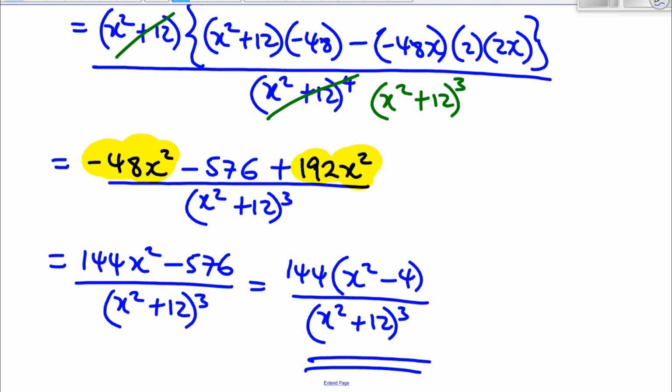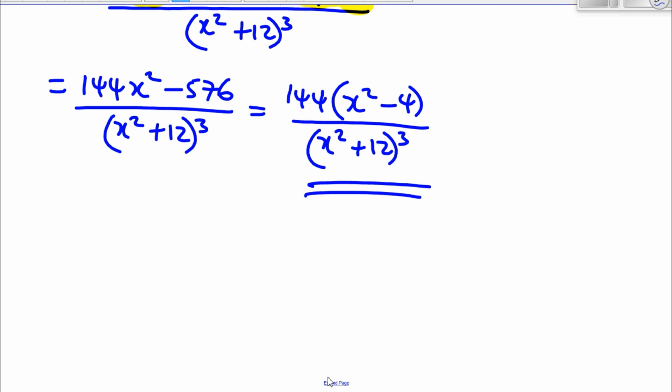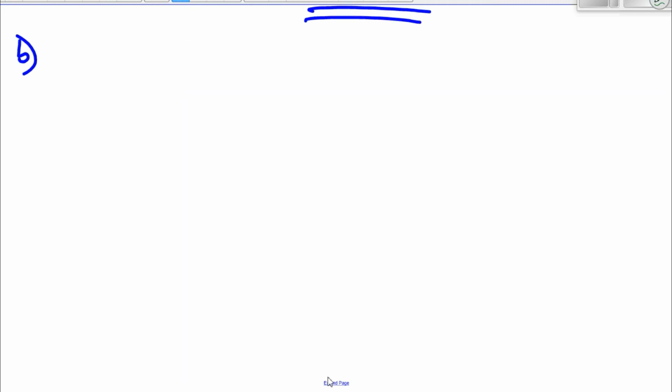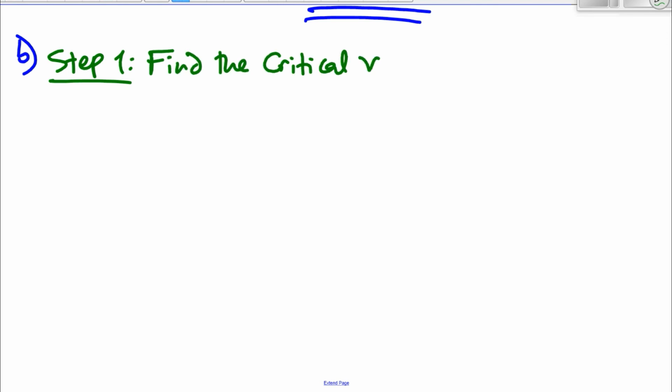Now, part B, we need to find the maximum and minimum points. So, which means part B of this question, we need to find maximum and minimum. So, step 1 is we need to find the critical values of x by setting the first derivative, or just equating the first derivative equal to 0.